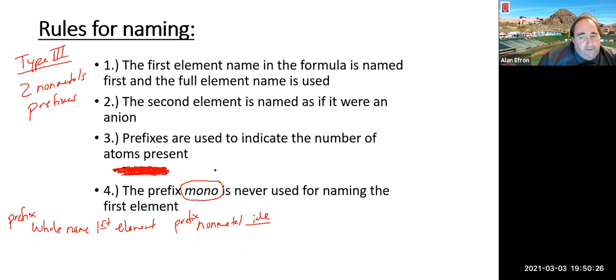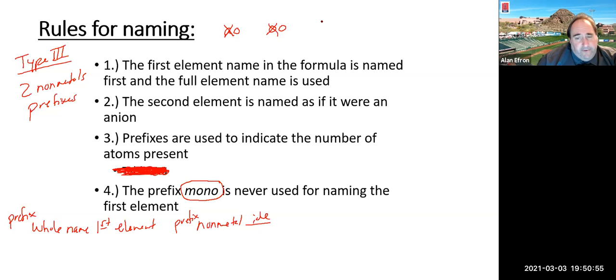So mono is never used on the first name, but perfectly fine to do on the second name. And a couple of times when we do get prefixes, there's an A at the end of the prefix and an O at the beginning of the name. We get these two vowels that back up to each other. So we usually will drop the A off the prefix, or sometimes we get two O's that back up to each other. We'll drop one of the O's off.